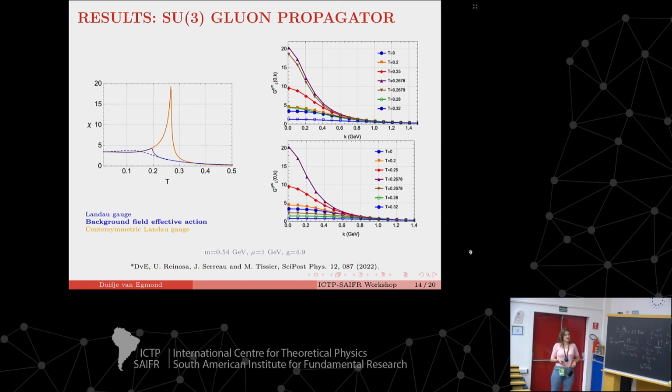Yes, I would expect them to change, but I think this is just because we also didn't fix it at non-zero temperature, of course. So we fix it at zero temperature, and then we look at it at other temperatures. Oh, and you fixed that using lattice data? Yes, we use the lattice data for the zero temperature propagator.